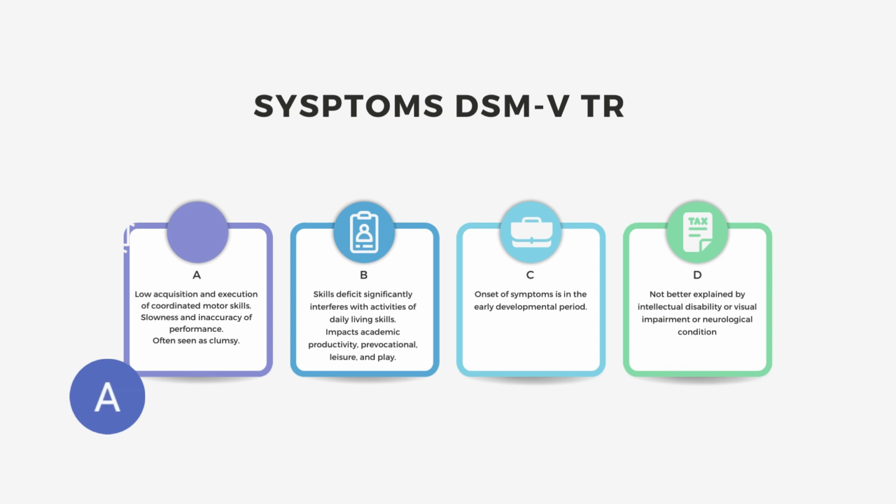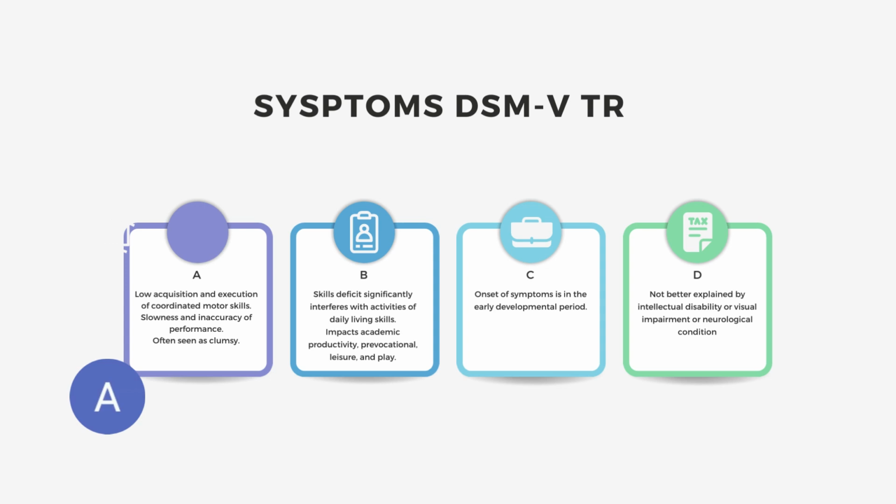And lastly, the DSM-5 states that these symptoms are not better explained by other disorders such as intellectual disability, visual impairment, or even other neurological conditions. For example, if they already have an intellectual disability disorder, then they would not be diagnosed with developmental coordination disorder.